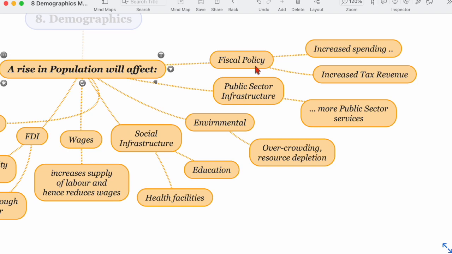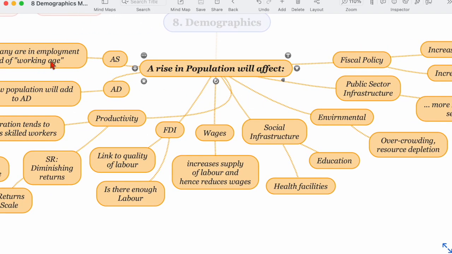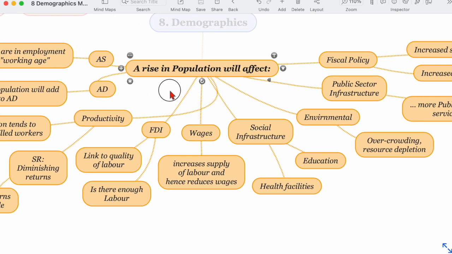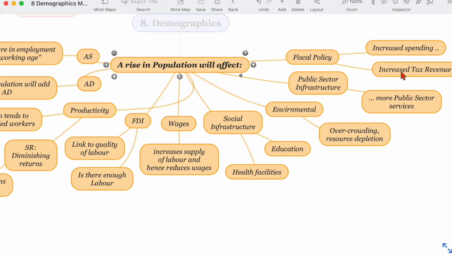And the idea here is that as the population rises, you are going to need increased spending, but you will also get increased tax revenue, particularly if there's the increase in aggregate demand and productivity here and economic growth in the long run. Then that's going to bring a fiscal dividend, but there will be the infrastructure spending that's needed, etc., to cope with the rise in population.